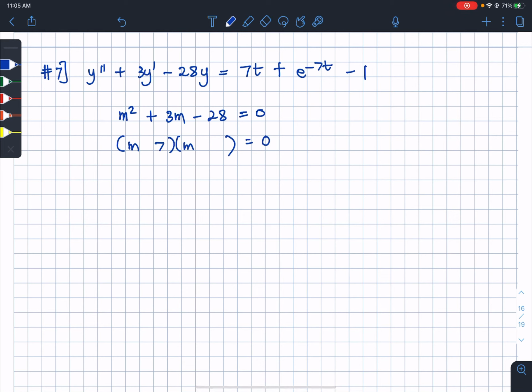So this is 7 and 4, a positive and a negative, so that would make it positive 3m. So m1 is negative 7, m2 is positive 4. So therefore, yc is c1 e raised to negative 7t plus c2 e raised to 4t.